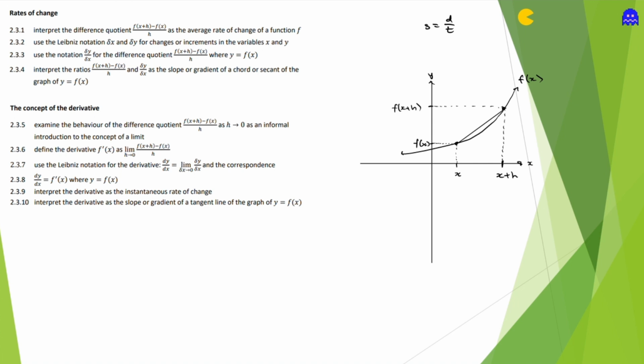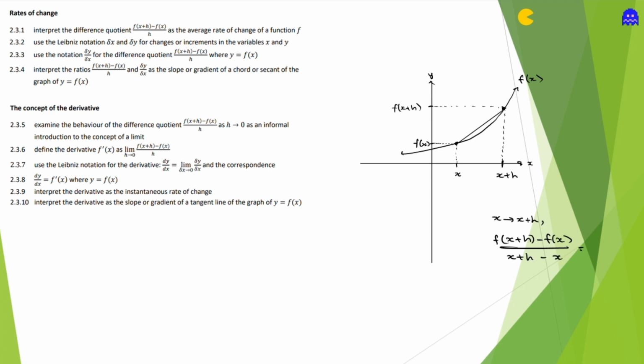And so the average rate of change of y with respect to x over the point x to the point x plus h will be equal to the rise, which is f(x plus h) minus f(x), divided by the run, which is x plus h minus x.